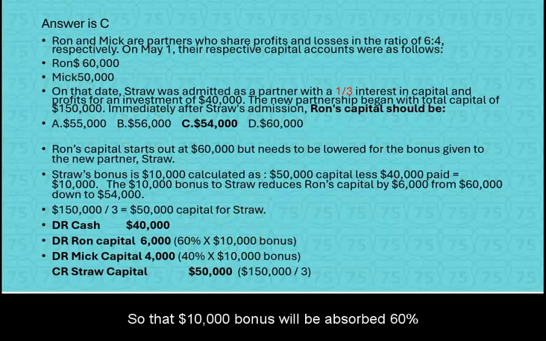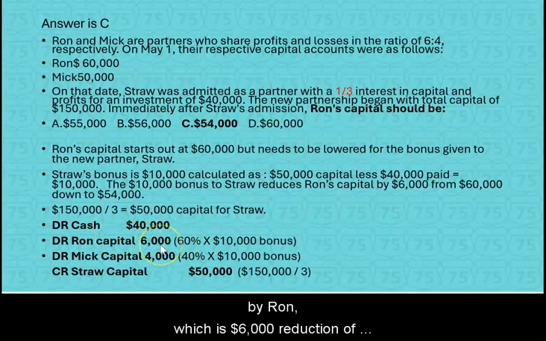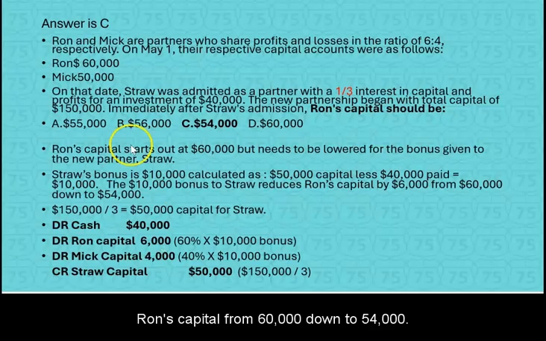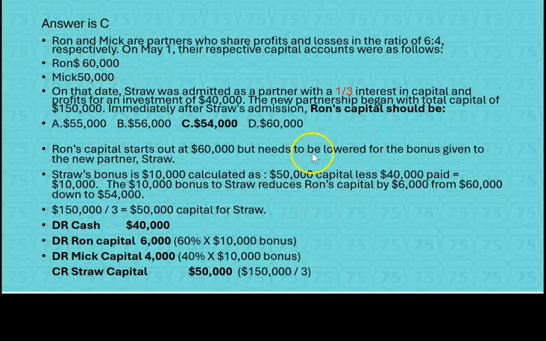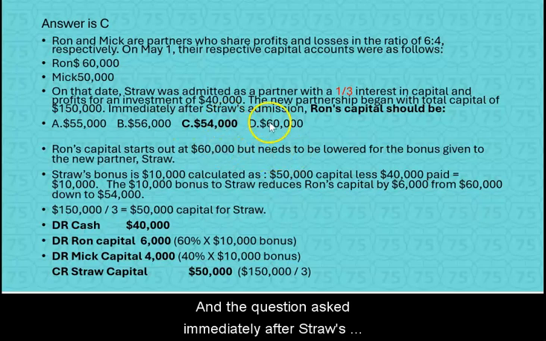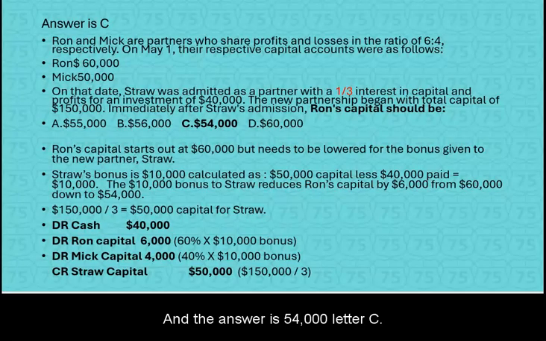So that $10,000 bonus will be absorbed 60% by Ron, which is a $6,000 reduction of Ron's capital from $60,000 down to $54,000. And the question asked, immediately after Straw's admission, Ron's capital should be, and the answer is $54,000, letter C.